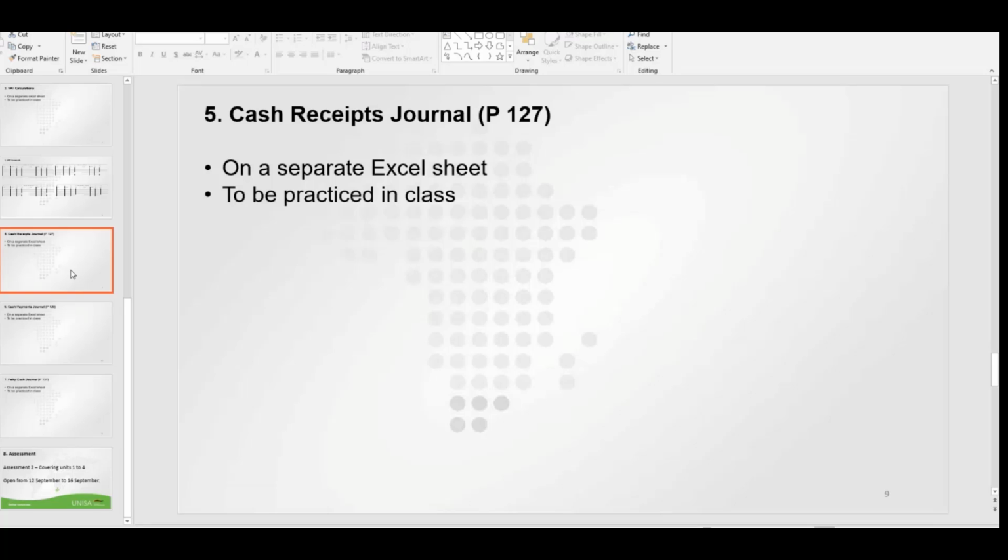And don't be confused. Sometimes petty cash can be a little bit complicated depending on the organization that you deal with, but don't be confused. For the purposes of this module, we assume that there is one person who keeps that box, called the petty cash box, and the amounts are kept inside there.